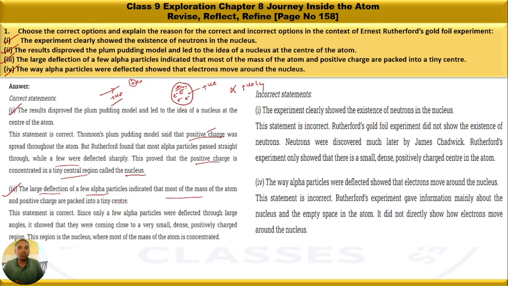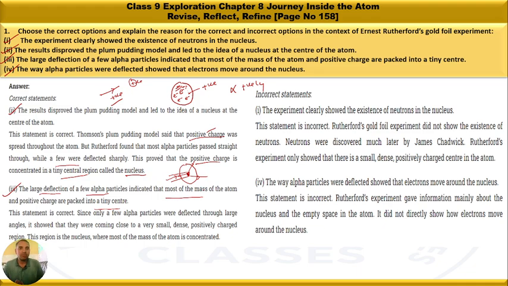The third option, which is also correct: the large deflection of a few alpha particles indicated that most of the mass of the atom and positive charge are packed in the center of the atom. Here, if I consider an atom, the small central space is very dense, and the deflection takes place in this way with some angles. Even 1 out of 12,000 alpha particles gets deflected straight back on the same path.